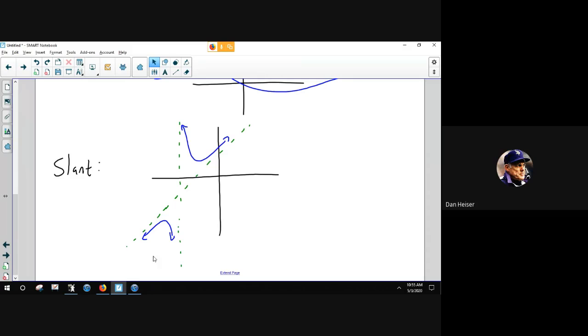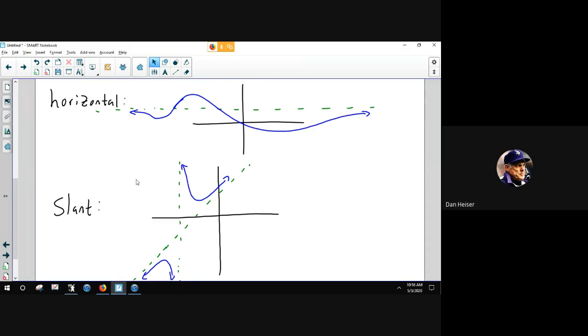You often see these with parabolas, with hyperbolas that are not standard. So here I have a vertical, here I have a slant, and now we have this graph that has to deal with two asymptotes simultaneously. This part of the graph deals with two asymptotes simultaneously.